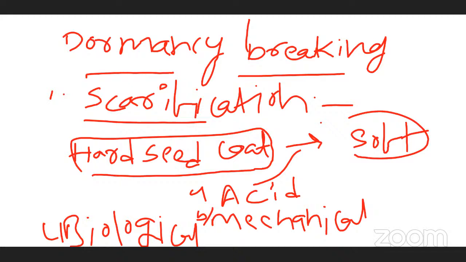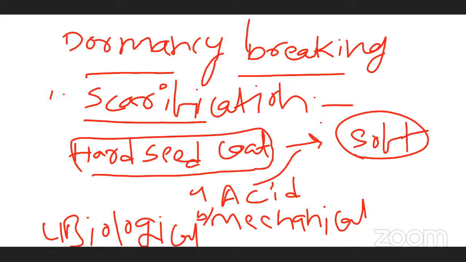That is the concept. First of all, in acid scarification, these hard-coated seeds are placed in concentrated sulfuric acid. When you place them in concentrated sulfuric acid, due to the effect of the acid, the hard seed coat becomes soft, right? The duration of treatment varies and depends on the nature of the seed coat.